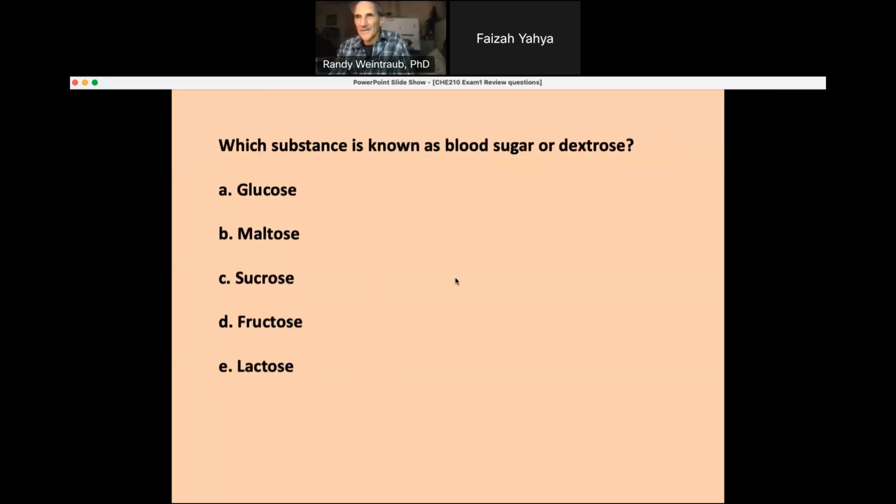Blood sugar or dextrose. It's also synonymous with glucose. Maltose is a disaccharide. So we do more with this in chapter 4. So this question I didn't cover in chapter 3.